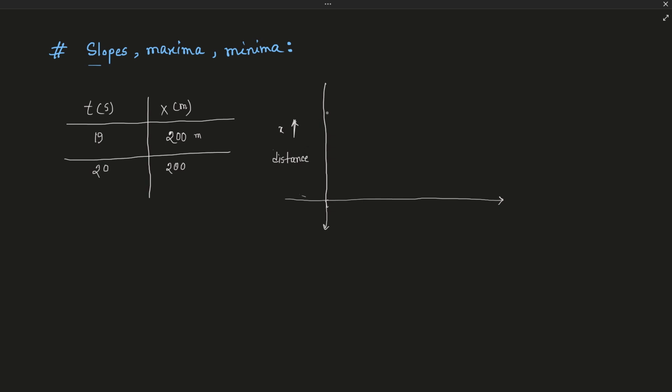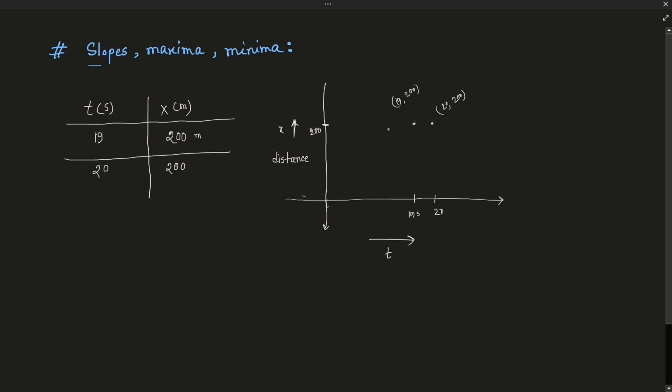This is distance, and suppose this is our 200 meters, and this is t, time. Suppose this is 19 seconds and this is 20 seconds. So basically this will be (19, 200), and this will be (20, 200).